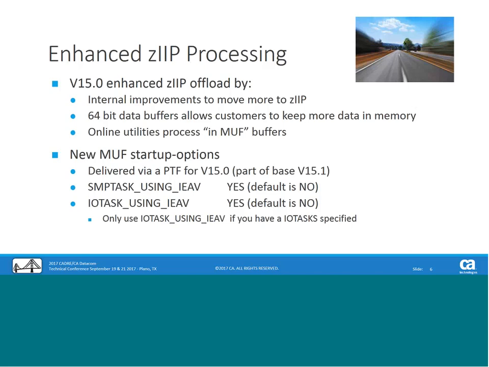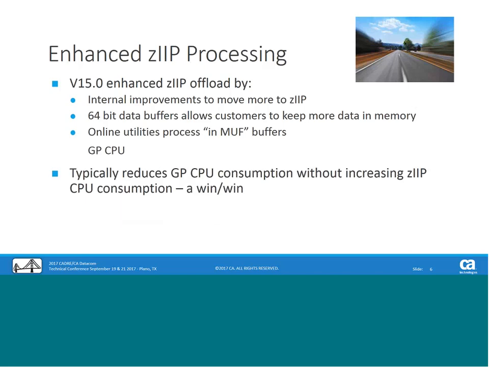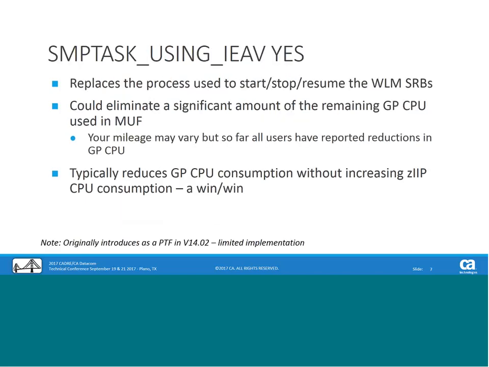We allow clients to decide to turn it off if they wanted to run the old way. So for right now, these are options you will have to turn on by specifying the multi-user startup options as yes. But my general recommendation is to test it in your test systems, but to move quickly to this as soon as you can because it will save general purpose CPU. And that's the CPU you pay for.